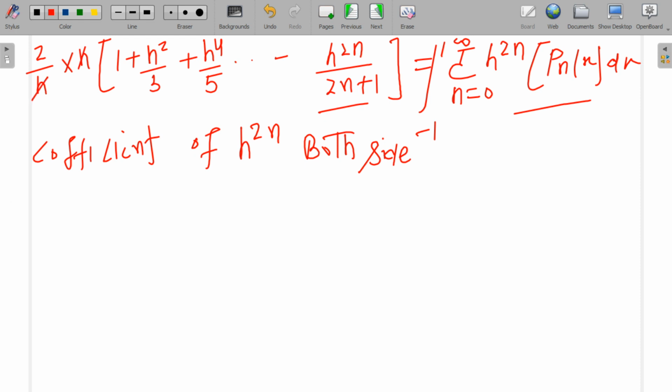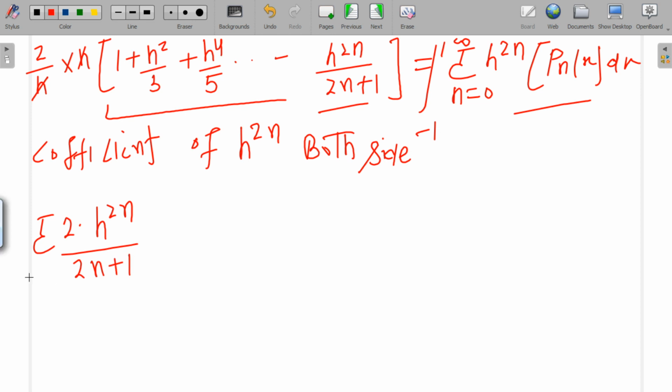This cancels out and this can be written as summation 2 into h to the power 2n divided by 2n plus 1, n is equal to 0 to infinity, is equal to integration of minus 1 to 1 summation n is equal to 0 to infinity.